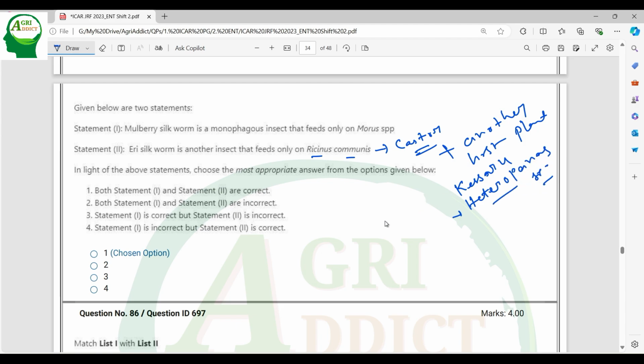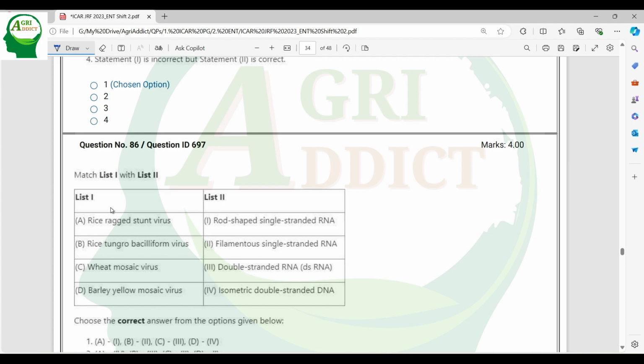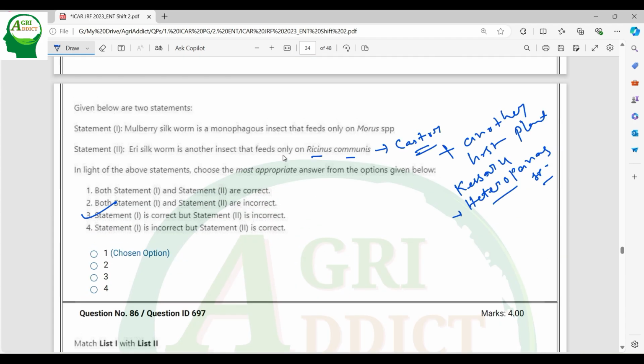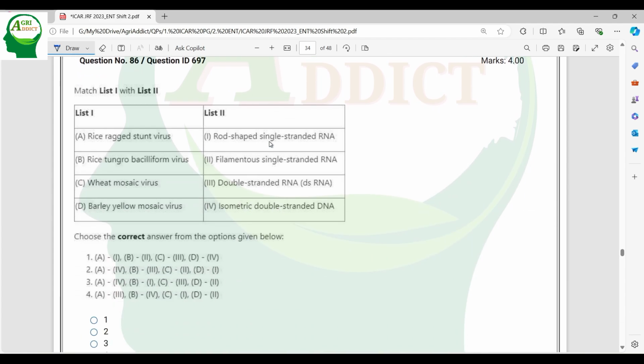This Kesaru is also a host plant of this silkworm. So here statement 1 is correct, but statement 2 is incorrect, because of the word 'only', which is the highlighted word in statement 2.